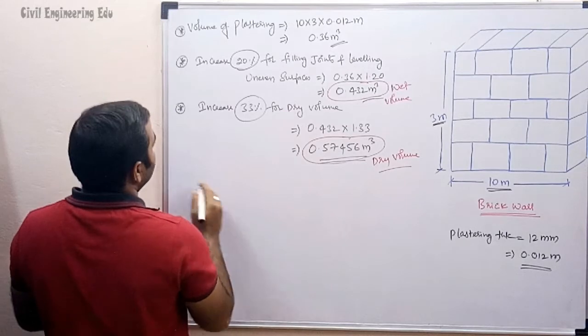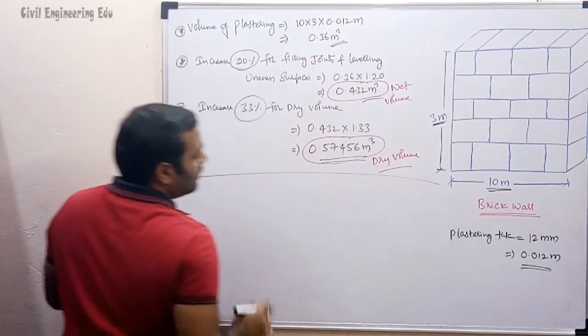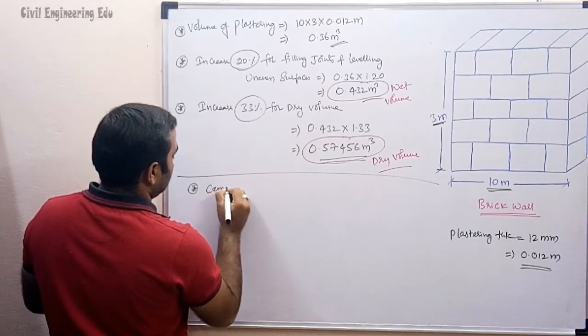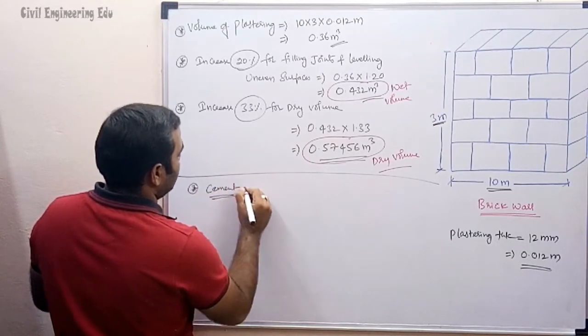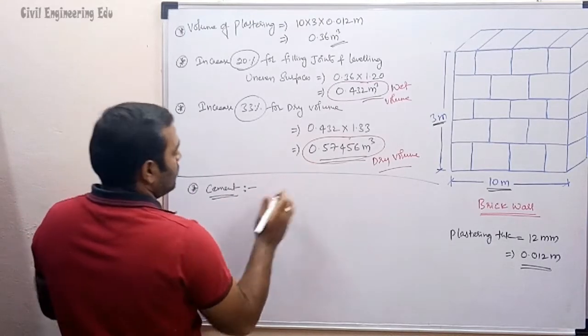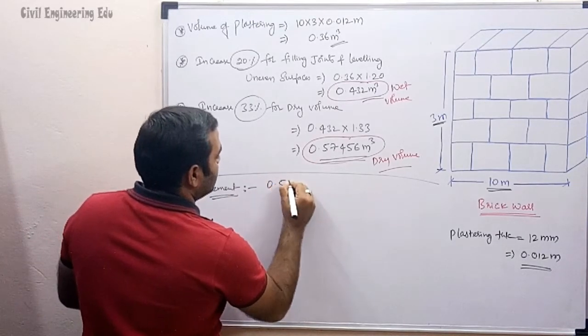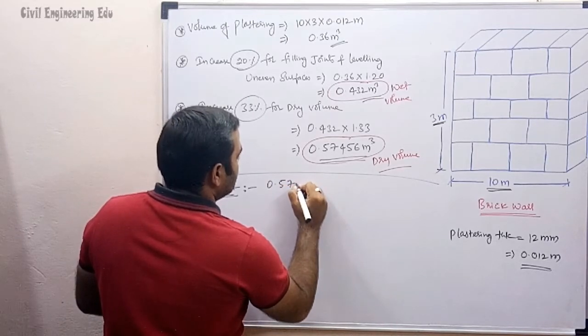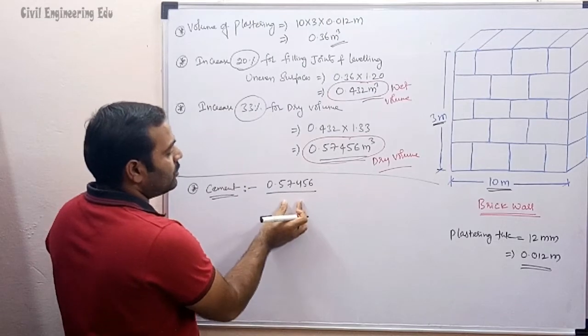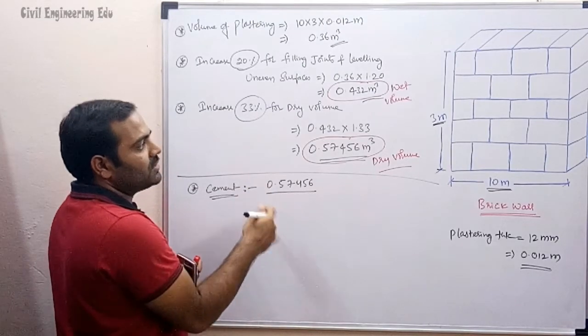So first of all we will see the calculation of cement. In the calculation of cement, what we have to do? First I will write dry quantity divided by, here we should know the mix proportion. What is the mix we are using?